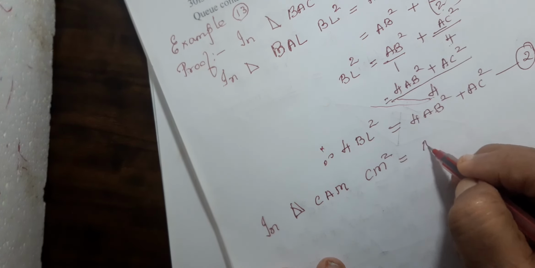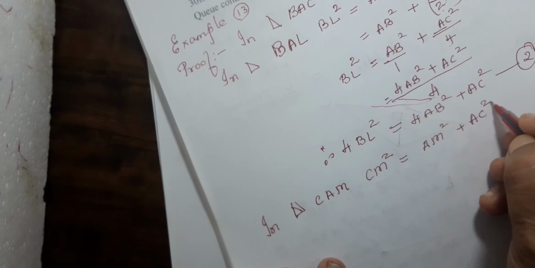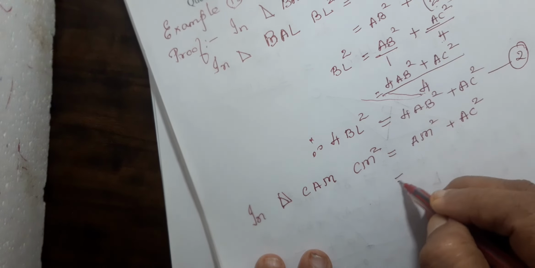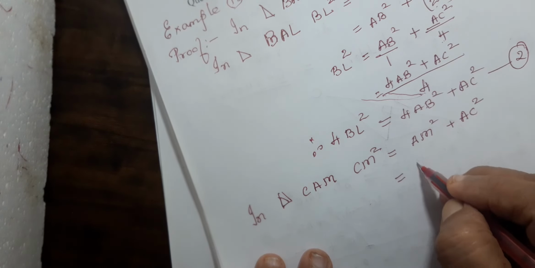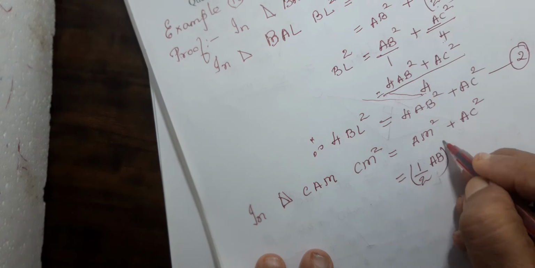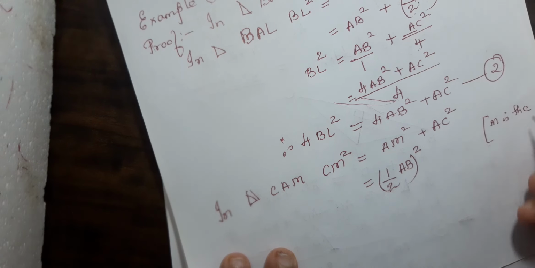So I will write there AM squared plus AC squared. But what is AM? It is half of AB. Why? Because M is the midpoint. M is the midpoint of AB.